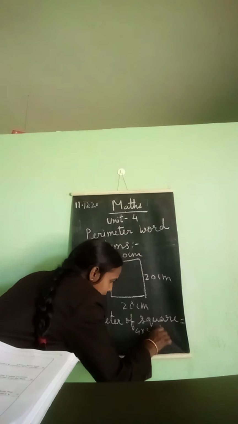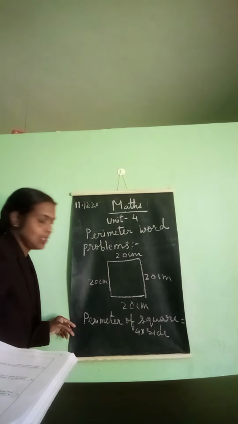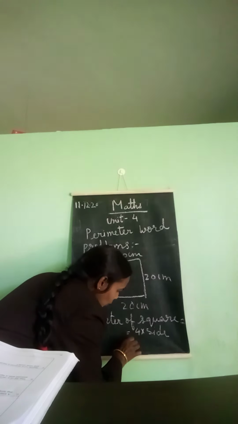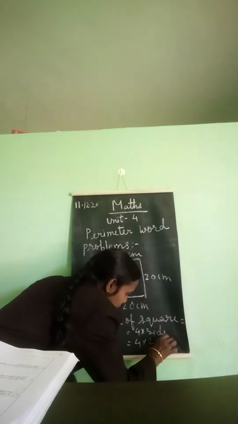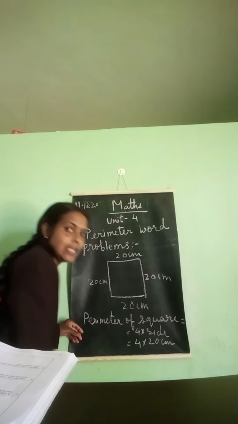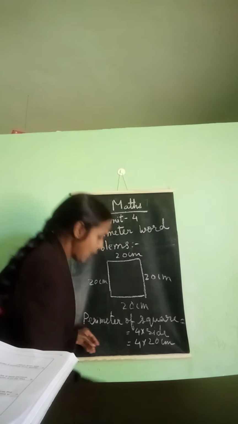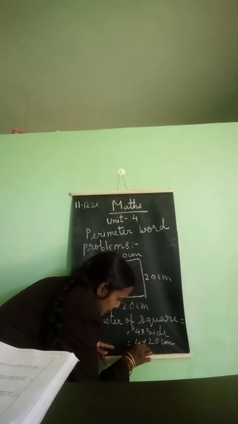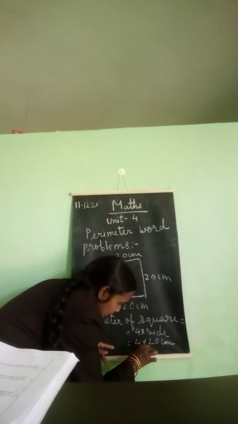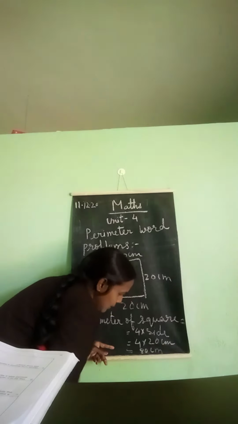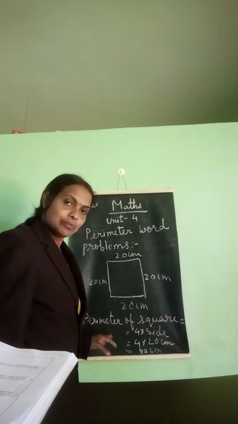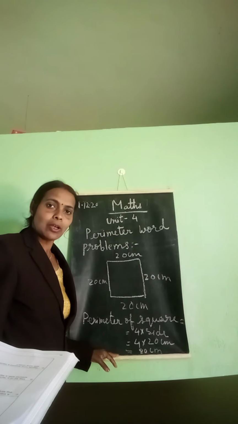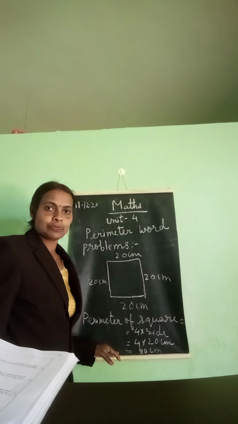Here side is 20, so you write 4 into 20 centimeter. 4 into 20 is 80. The answer is 80 centimeter. So this is the perimeter of this square sheet of paper. Understand, this is how we are going to do the word problem.